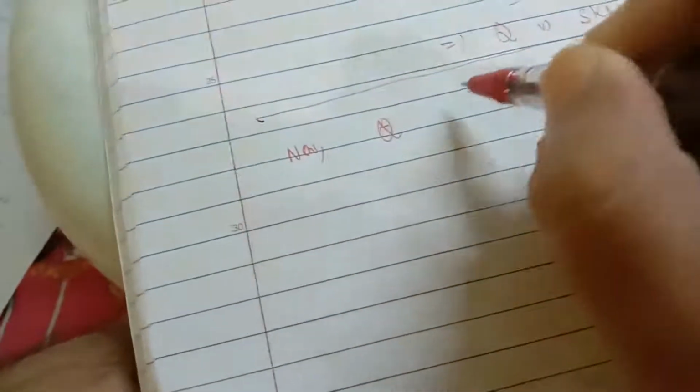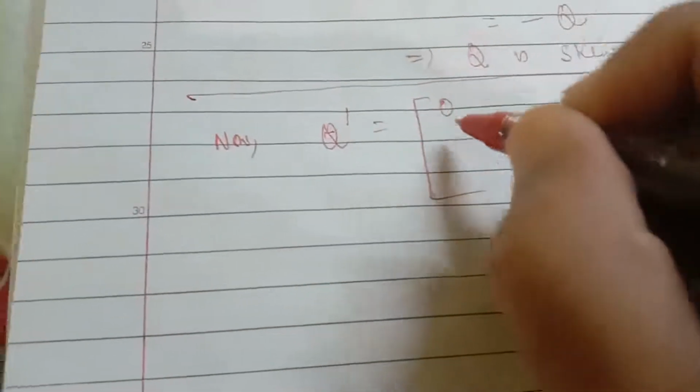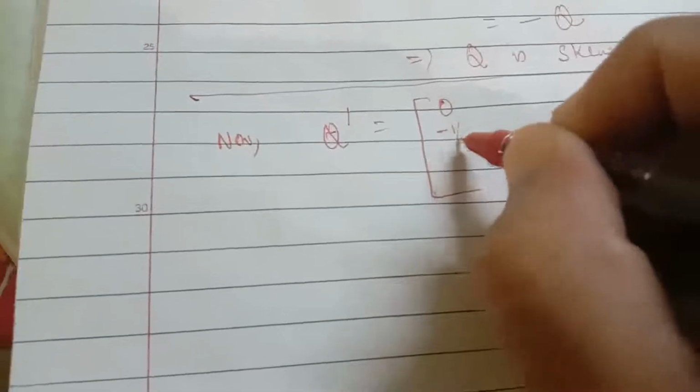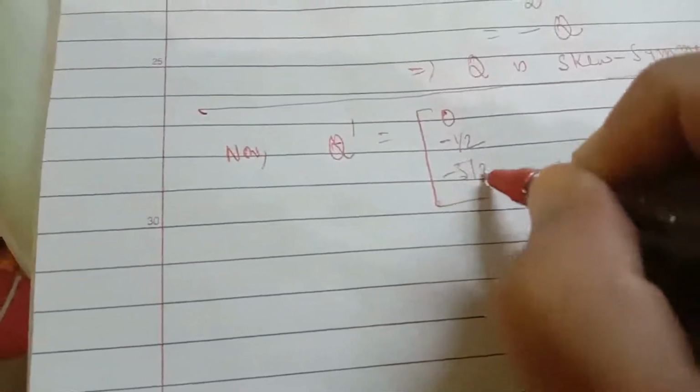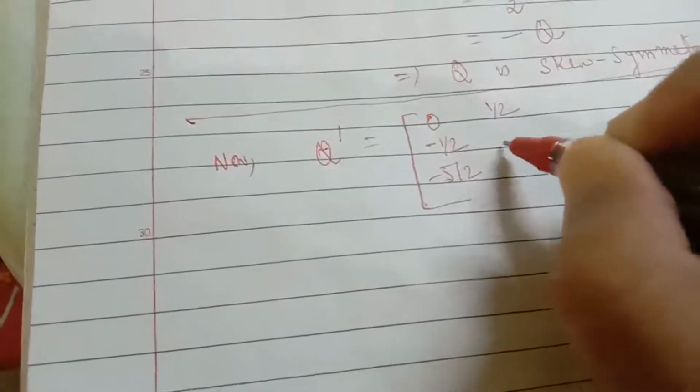Q dash is equal to the transpose of this matrix. So Q dash will be: the first column will be 0, minus half, minus 5 by 2. Second column will be half, 0, 3.